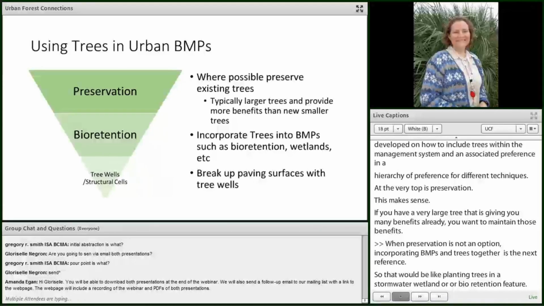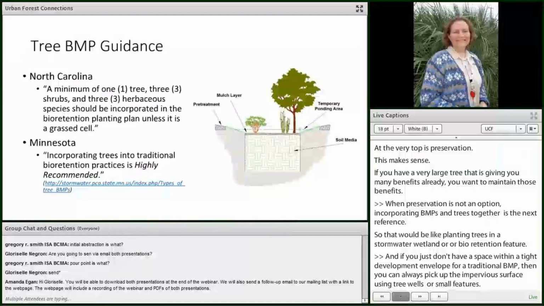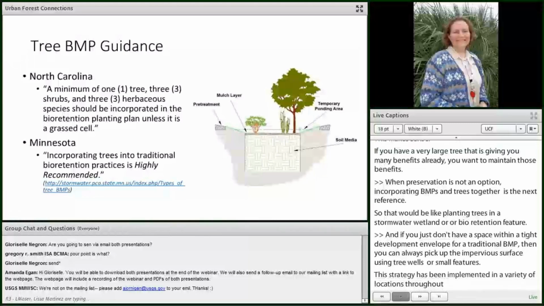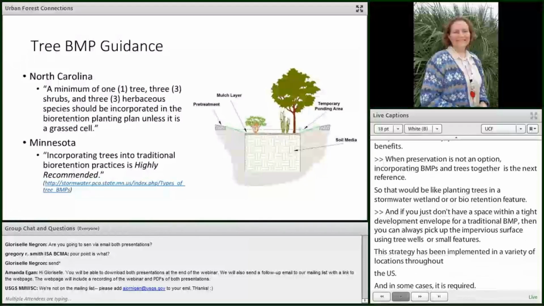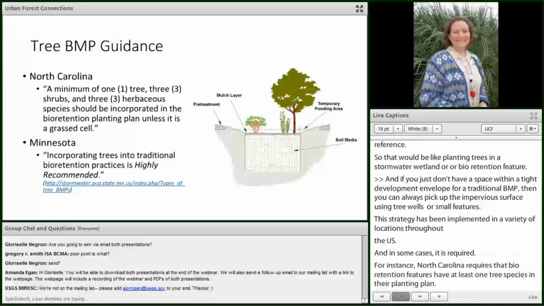or small features. This strategy has been implemented in a variety of locations throughout the U.S., and in some cases it's required. For instance, North Carolina requires that bioretention features have at least one tree species in their planting plan, and while Minnesota doesn't require it, it's highly recommended that bioretention features include trees.